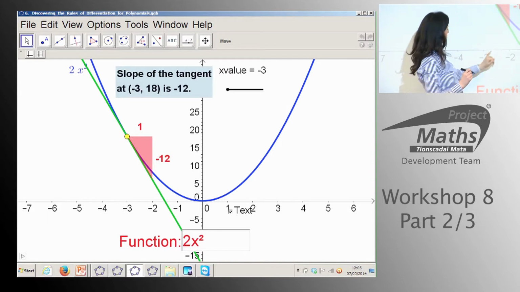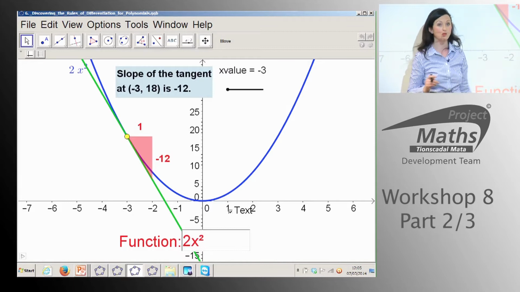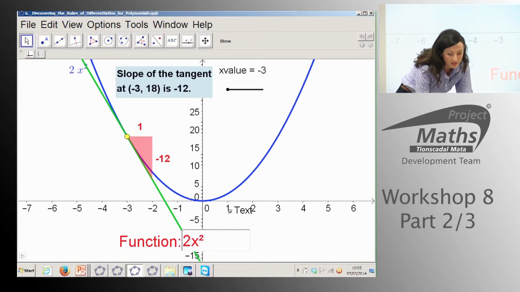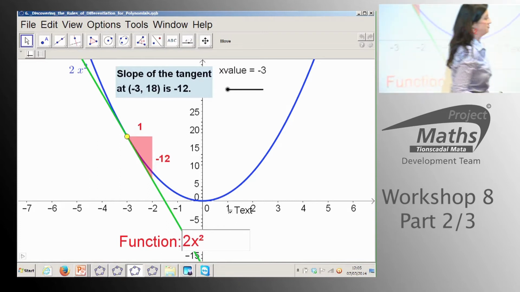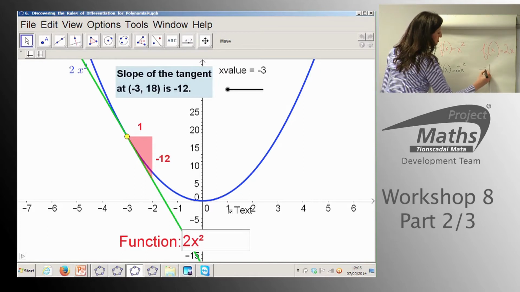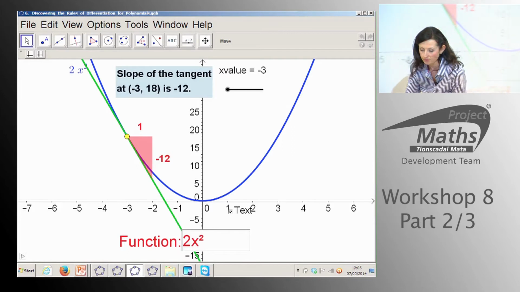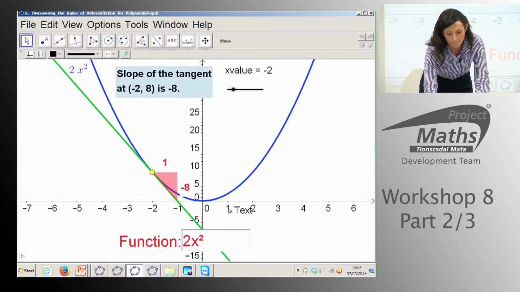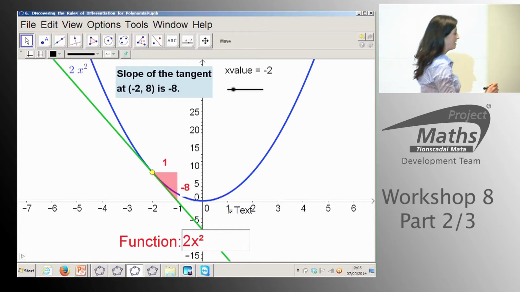My x value is -3, on a slider. So I'm going to be able to come across and see what all of my slopes are as I move across. So I've -3, -12. Let's just look at this. -3 gives me a slope of -12. -2 gives me a slope of -8.